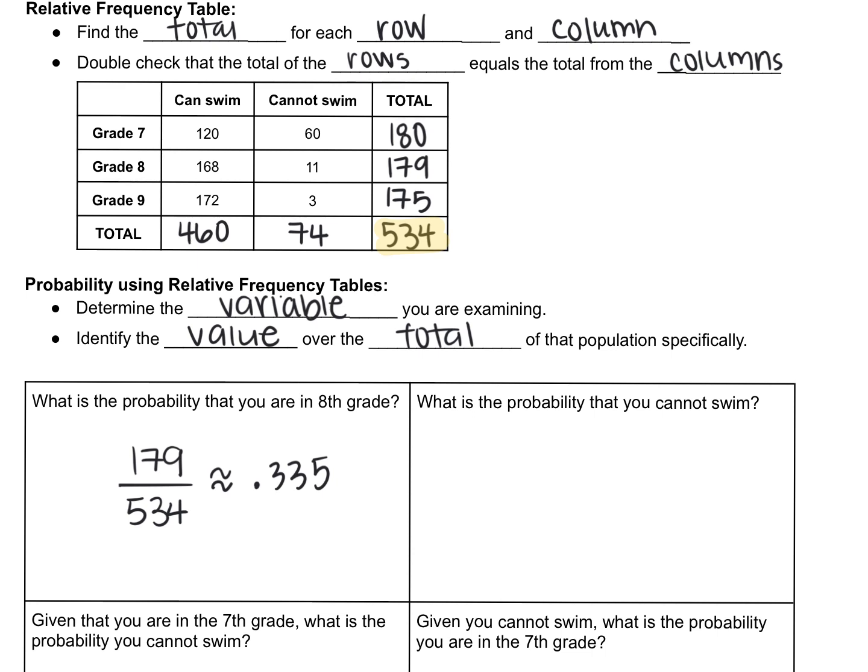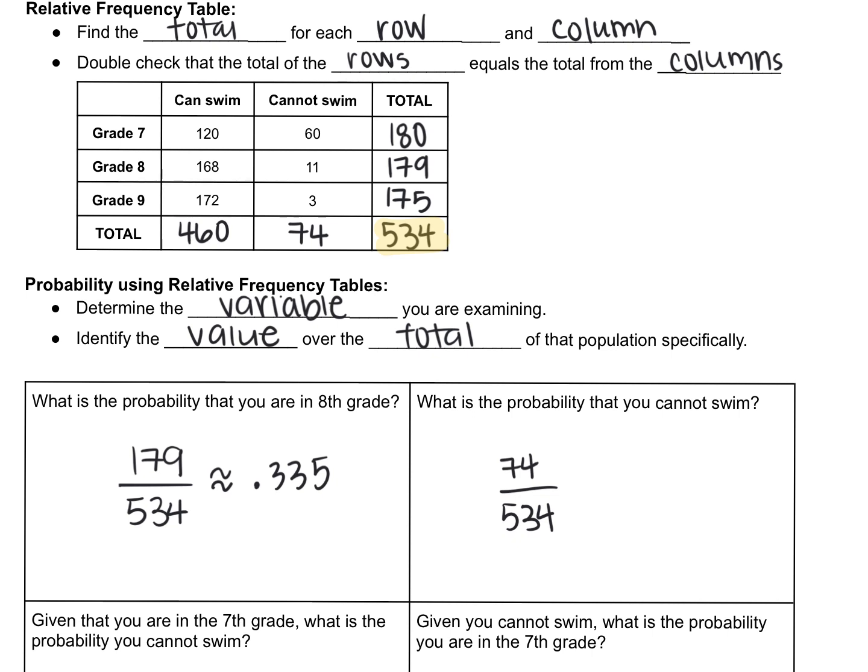Our second example, we want to know the probability that you cannot swim. So again, I'm looking at my total number of people, which is 534. Then my numerator is the total number who cannot swim, which is 74. Now this fraction does simplify because those are both even numbers. So at a minimum, I know that this is divisible by 2.